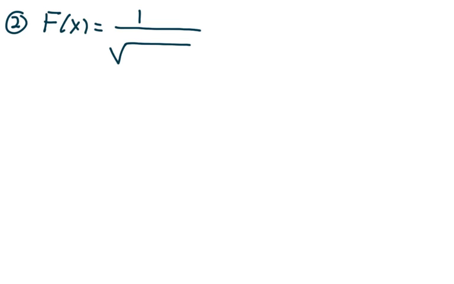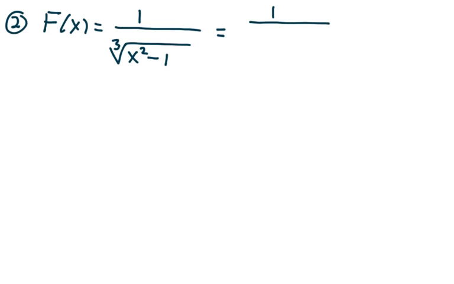Let's take a look at example 2. Suppose I'm given f of x is equal to 1 over the cube root of x squared minus 1. Now, let's simplify this a little bit.